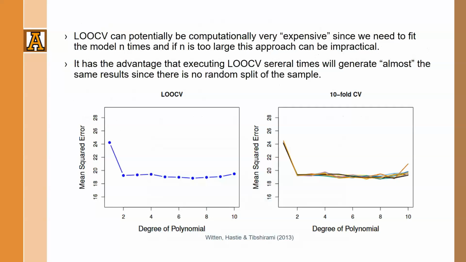Okay. Now, although it can be computationally very expensive, we need to fit the model many times, as many times as the number of observations we have. As you can see here, here's the leave out 1 cross-validation. This is the curve. The mean square error almost coincides. It's essentially the same mean square error because we're using essentially the same set of data.